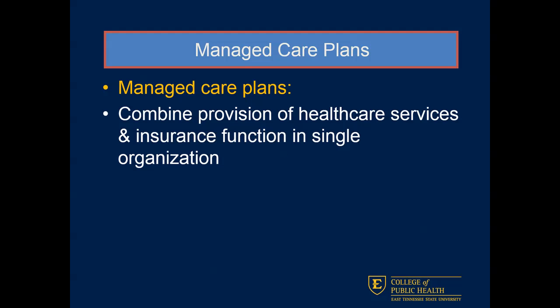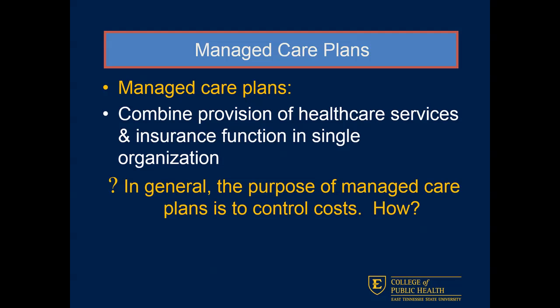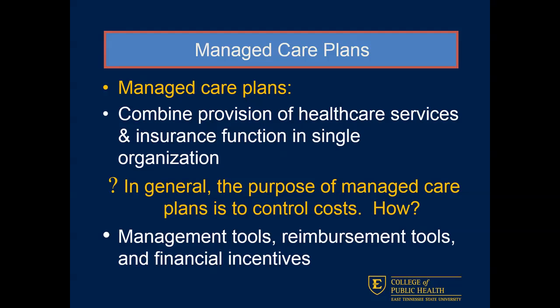So, managed care plans. Really how they're set up and how they work is a combination of taking healthcare services and the insurance function into really a singular organization. We'll go ahead and get the rest of the information out here. So their purpose really and how they come about is because we were doing this cost-based reimbursement.